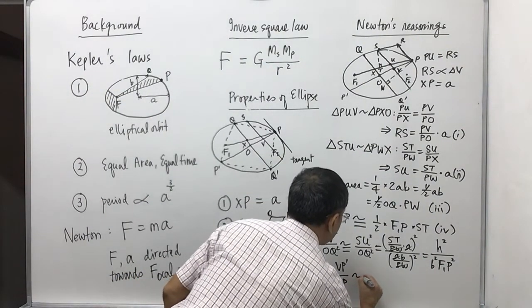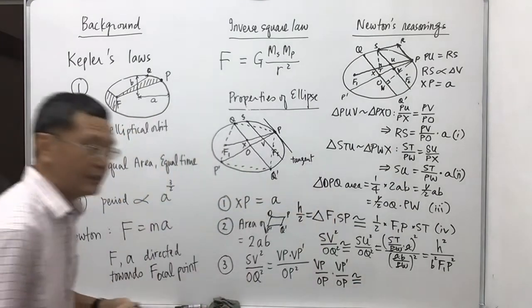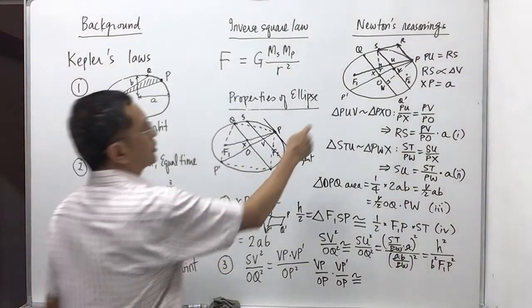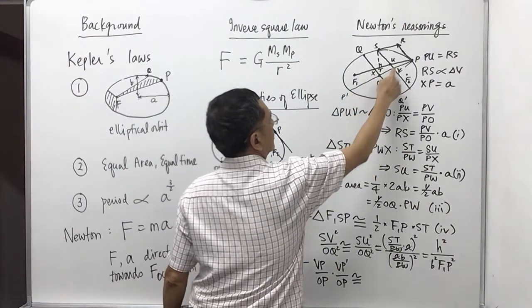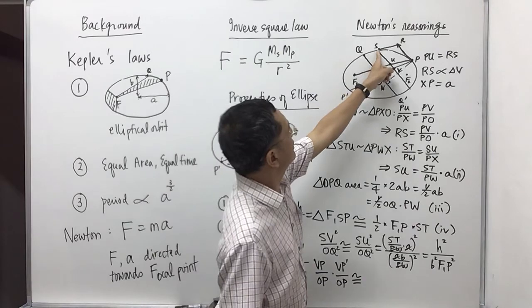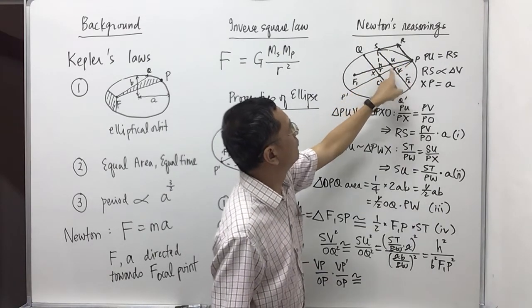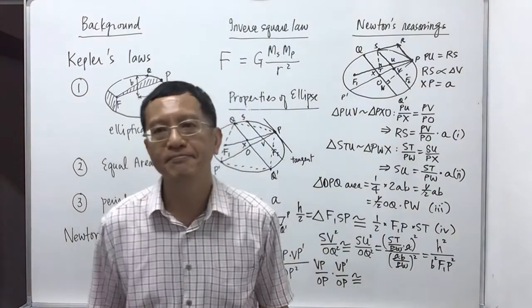But there is another asymptotically equal thing that I need. You see, so far I haven't got VP prime over OP. Where's VP prime? This is VP prime. Now, can you imagine that if this S is so close to P that V is going to shift very close to P, VP prime is practically 2OP.